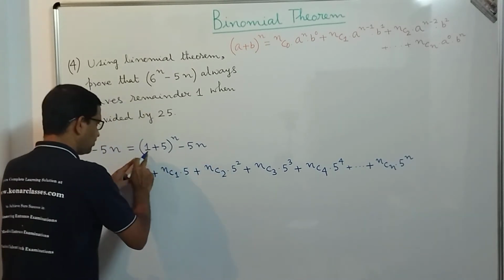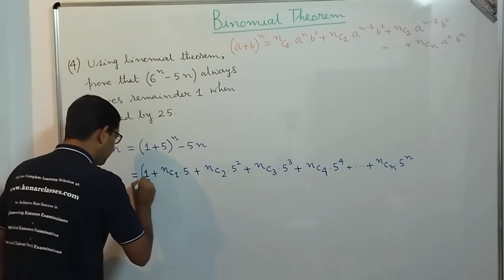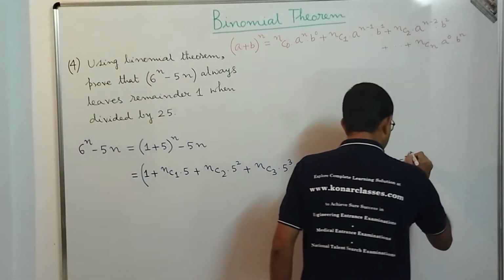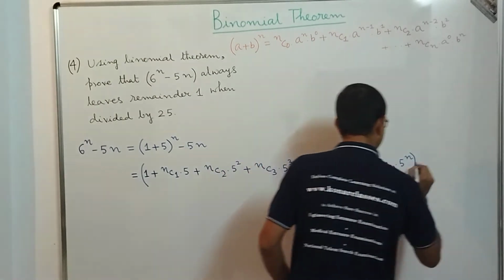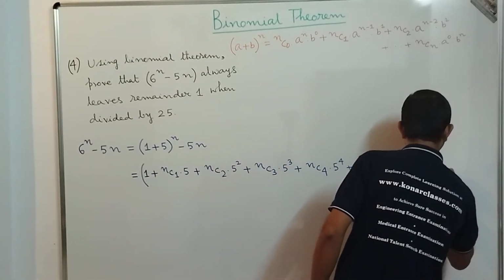So this is the expansion of (1 + 5) to the power n. I put it into the bracket, and after that whatever is there, minus 5n. So let me write minus 5n here.